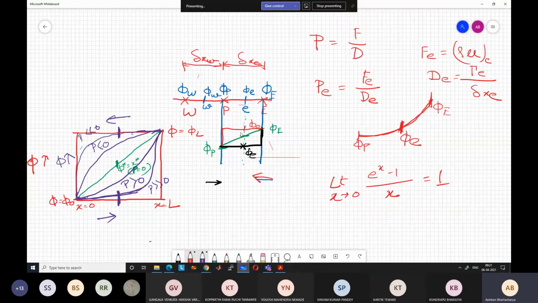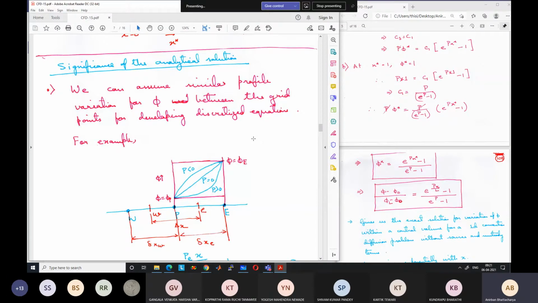But instead of taking this simplification, we can directly take the actual variation itself between phi p and phi e, and then find the value at the interface, instead of taking an average value or limiting value. We can take the exact value from the exact solution. That will give us a much more accurate scheme. That is what we can do after finding the analytical solution.